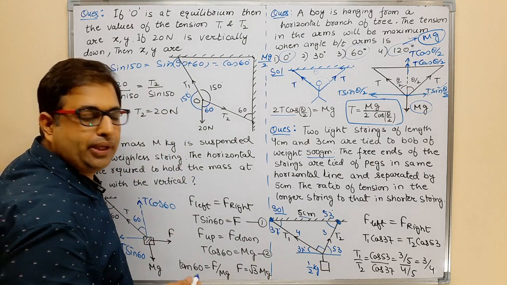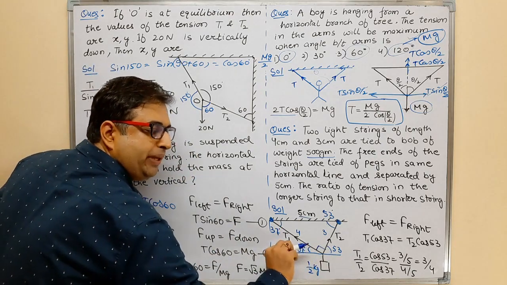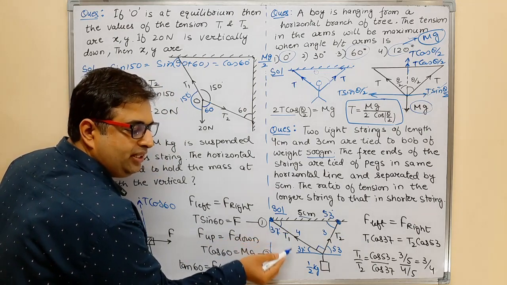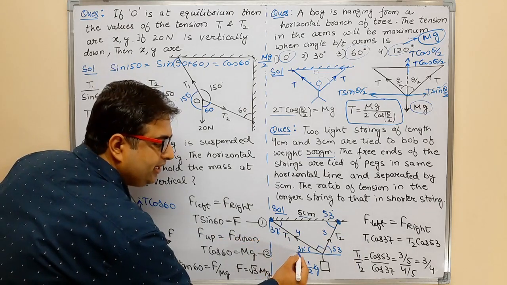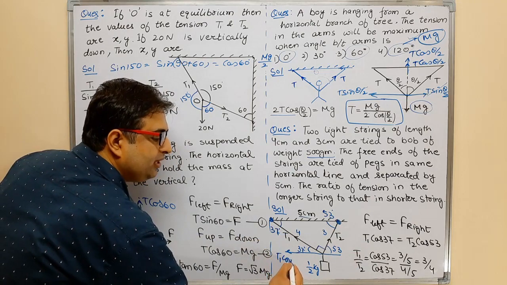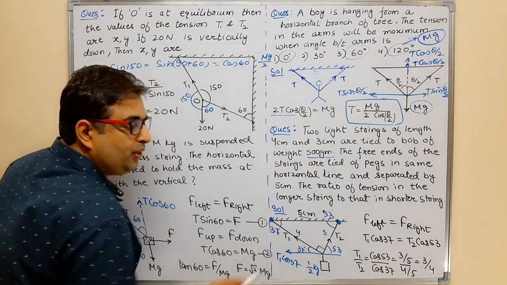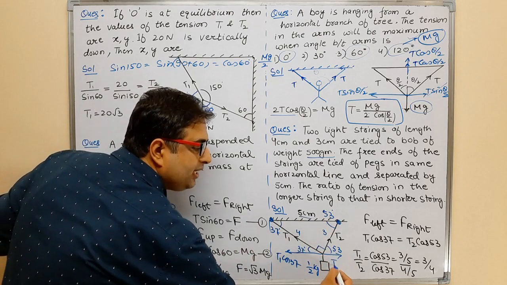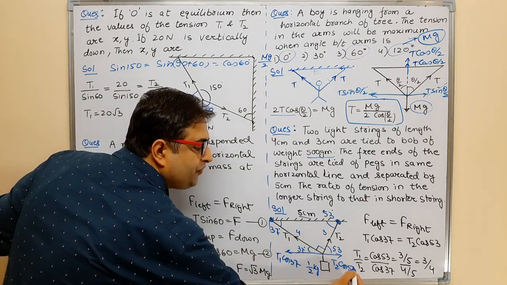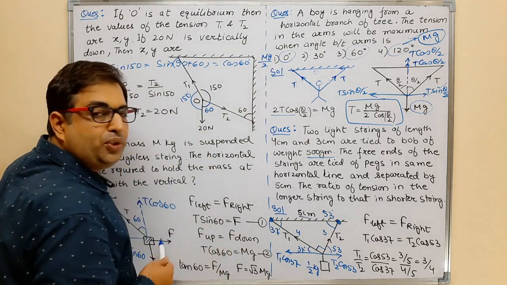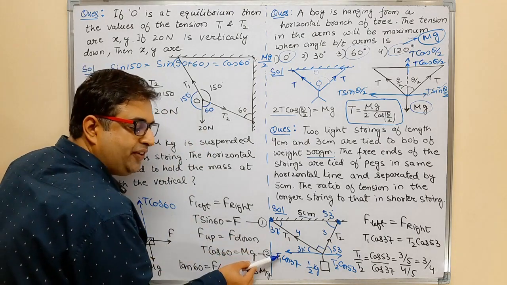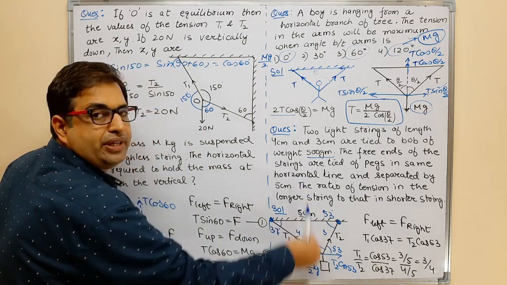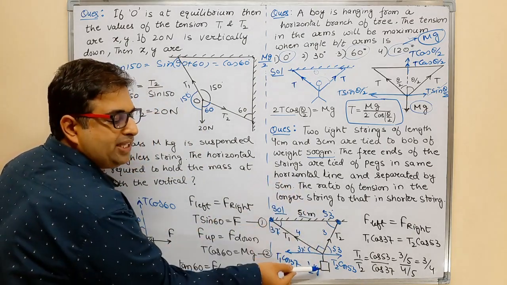Now for equilibrium, left hand side force should be equal to right hand side force. So what is the component of T1 along the left side? It is T1 cos 37. What is the component of T2 along the right side? It is T2 cos 53 degree. Now according to the equilibrium condition, left side component should be equal to right side. There will be two components in upward direction also, but that will balance the weight.